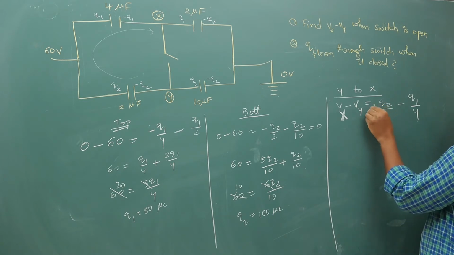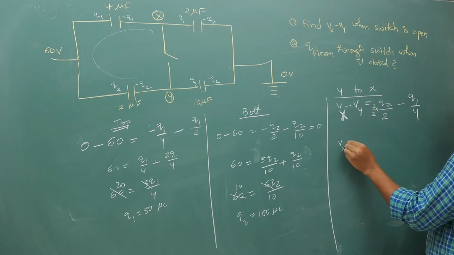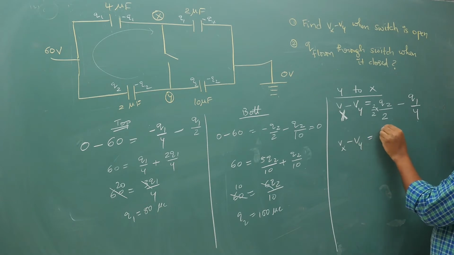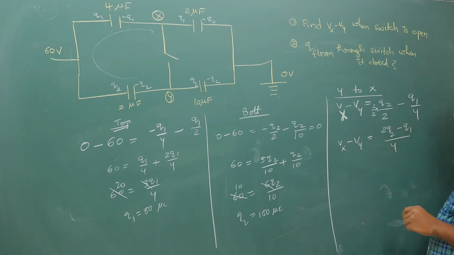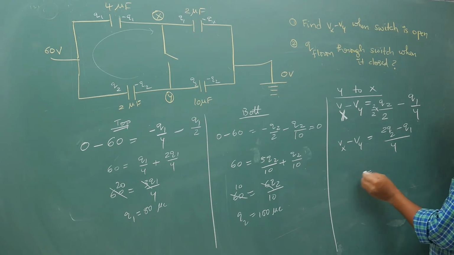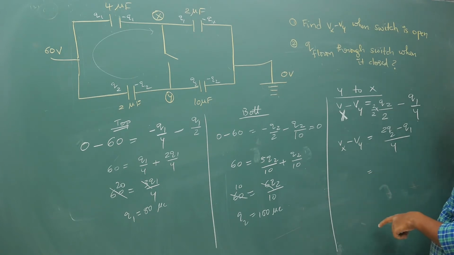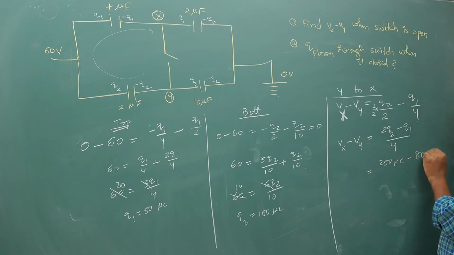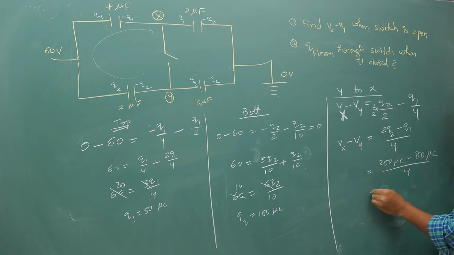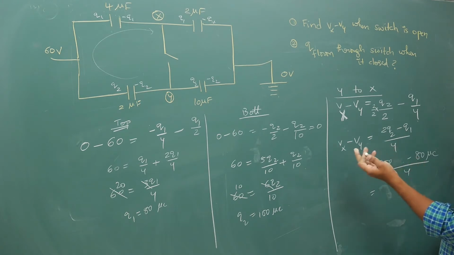So into 2 by 2 if you do, your Vx minus Vy is (2Q2 minus Q1) by 4. So you have got Q2, you have got Q1. So 2Q2, that is 200 microcoulomb, minus Q1, 80 microcoulomb, by 4. Why keep everything in farads?